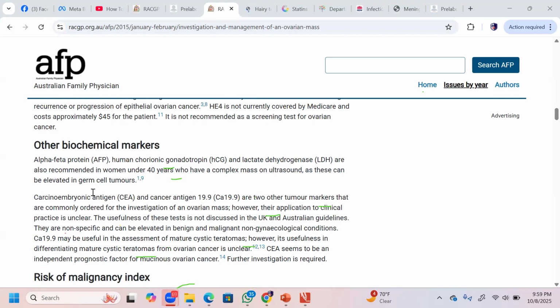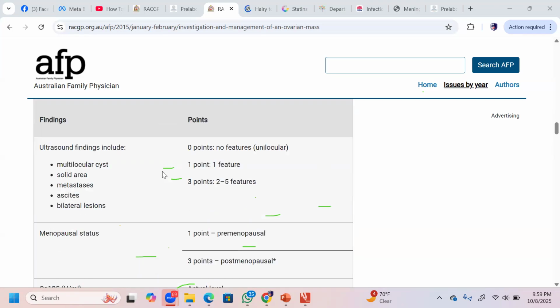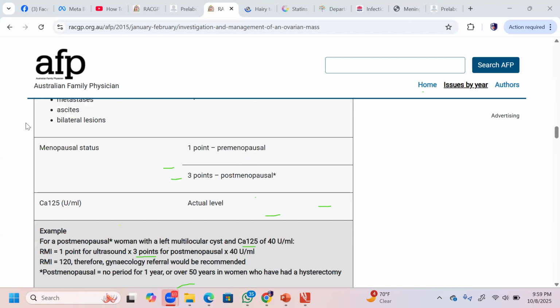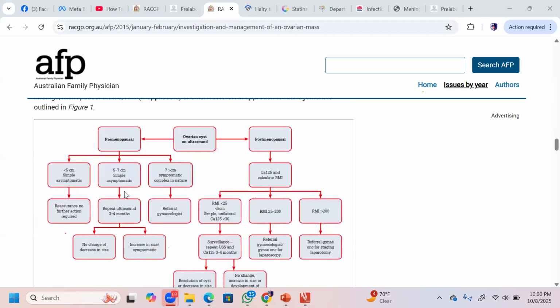RMI, the risk of malignancy index, doctors. So hard to memorize. Okay. Doctors, the thing is simple. Just go through it 1 to 2 times in your own time. Just focus on premenopausal.